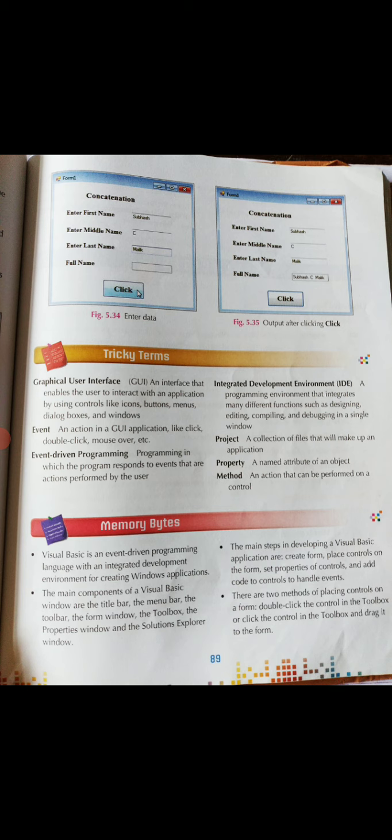Answer. I will dictate, you write. The full form of GUI is graphical, G capital, user, U capital, interface, I capital.